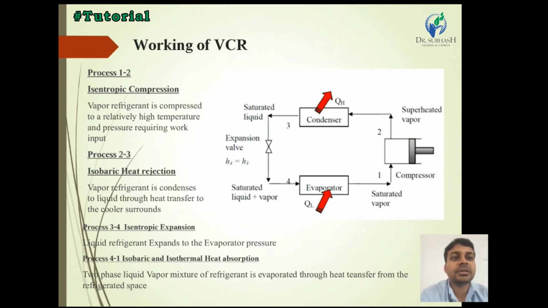After the compressor works, it gives out higher pressure and higher temperature refrigerant. Then the process 2 to 3 is the heat rejection process, or isobaric heat rejection process. Vapor refrigerant is condensed to liquid through heat transfer to the cooler surroundings.